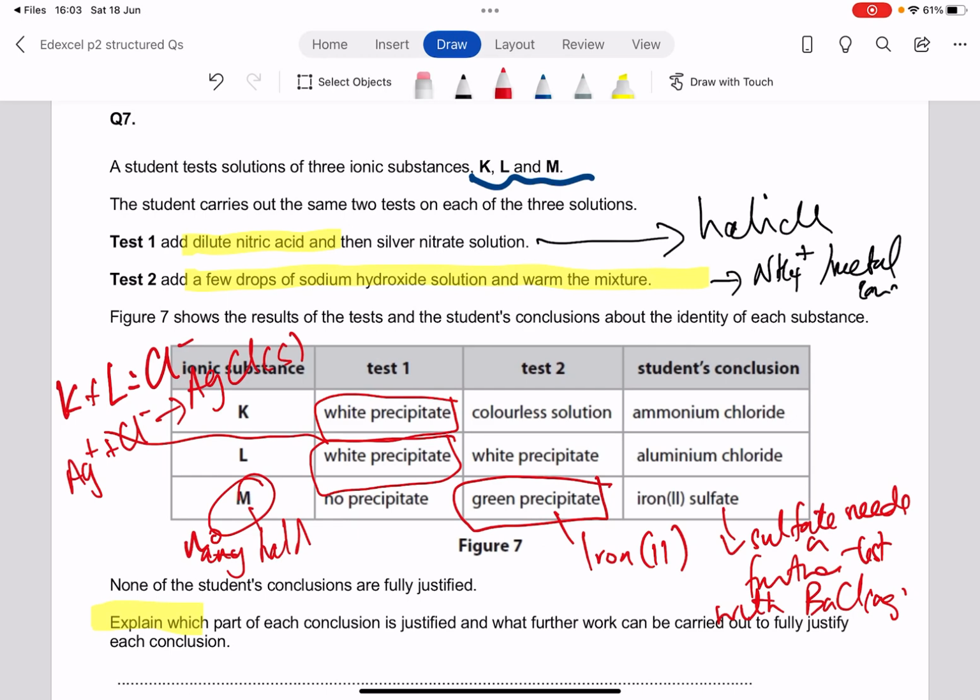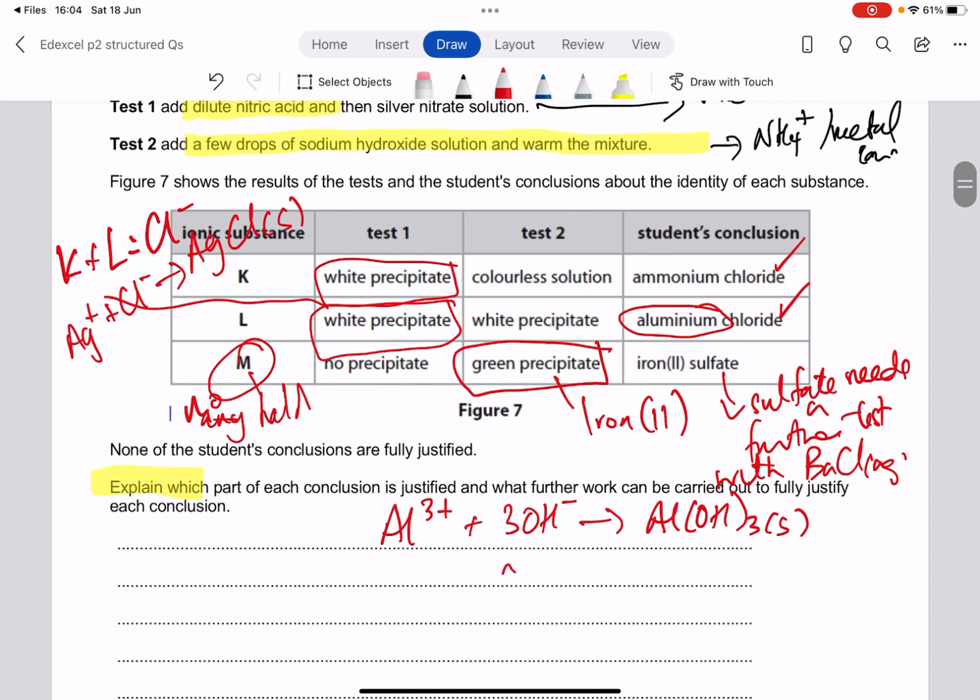Now let's look at K and L further. So definitely the chloride has been justified. I would say aluminium, yes. Not definitely yes, because when aluminium ions react with hydroxide ions, they form a white precipitate of aluminium hydroxide. However, to confirm this further, I would add excess sodium hydroxide, and this precipitate dissolves in excess.